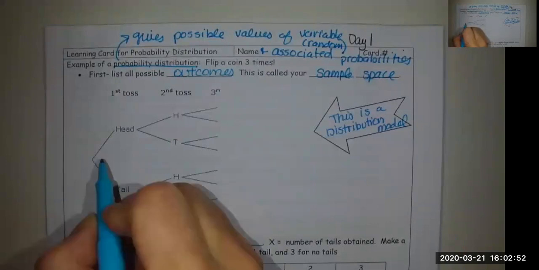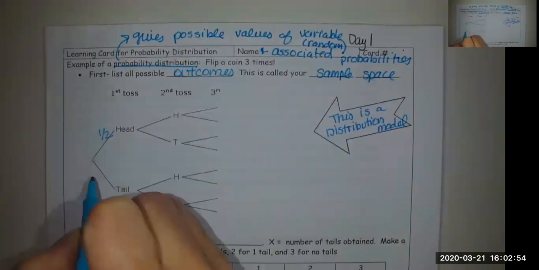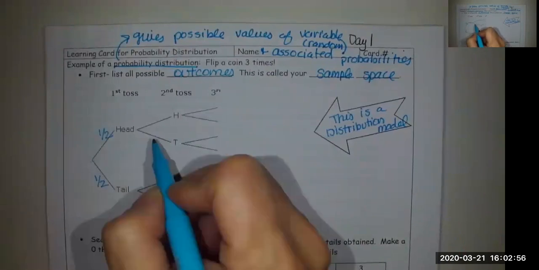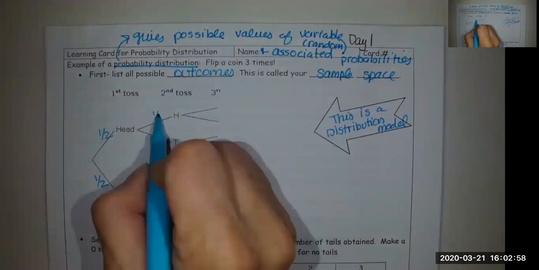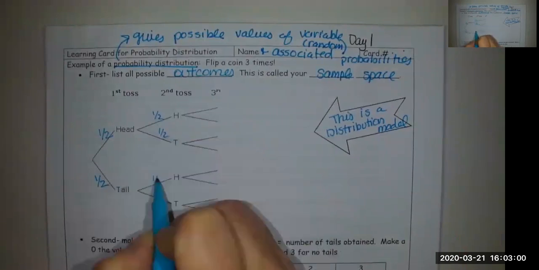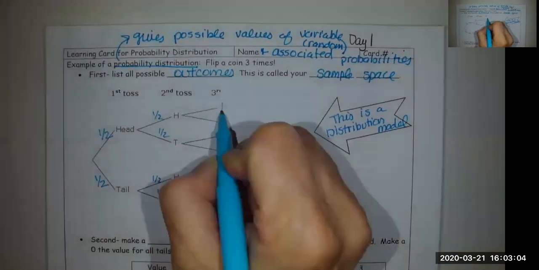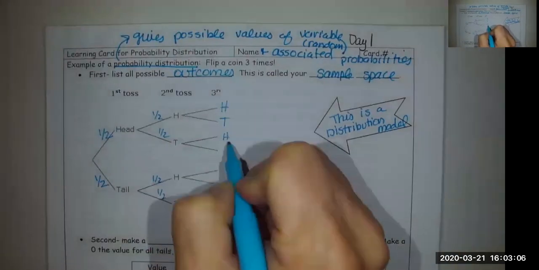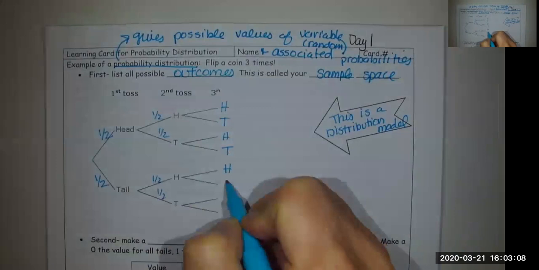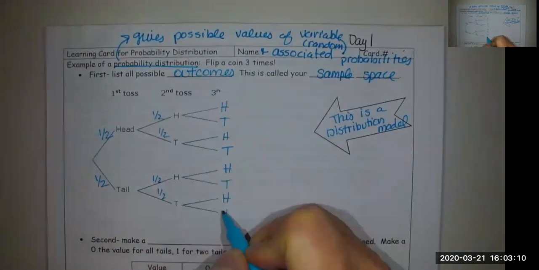So we know the probability of a head or a tail is 1/2. Then when we do it again, it's 1/2, 1/2, 1/2, and so on. Obviously, we're not going to write a whole bunch of these out because they get big really fast.